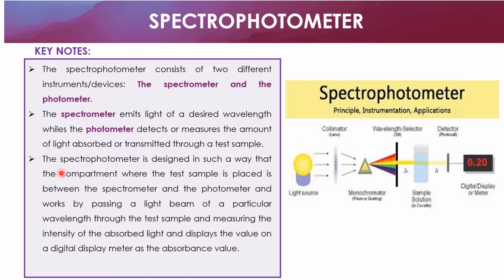Also, the spectrophotometer is designed in such a way that the compartment where the test sample is placed is between the spectrometer and the photometer, and it works by passing a light beam of a particular wavelength through the test sample, measuring the intensity of the absorbed light and displaying the value on a digital display meter as the absorbance value.